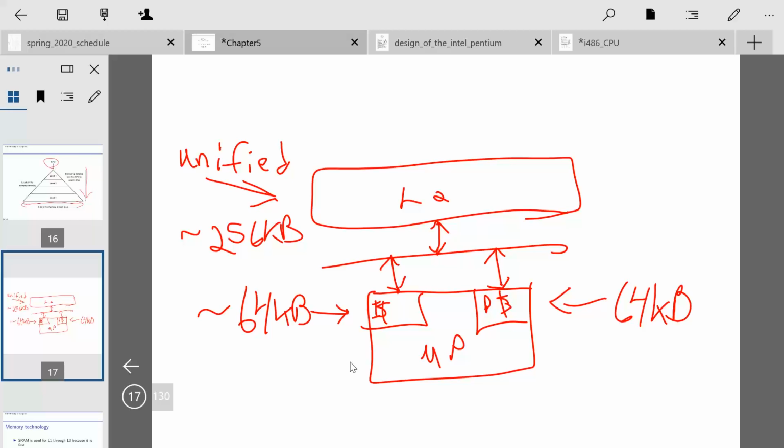So 1 kilobyte all the way up to 8, 16 kilobytes is pretty typical for an embedded platform. So anyway, this is where we go from split to unified, and this is referred to as a modified Harvard architecture.